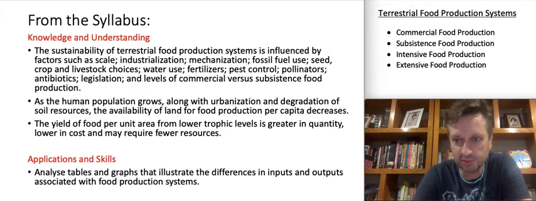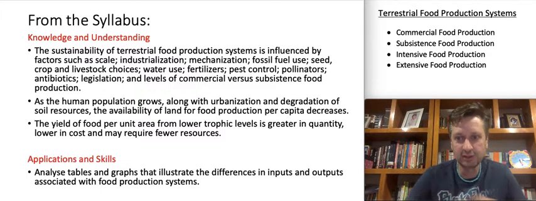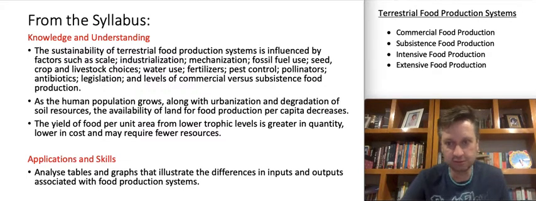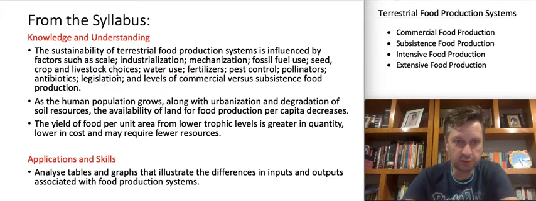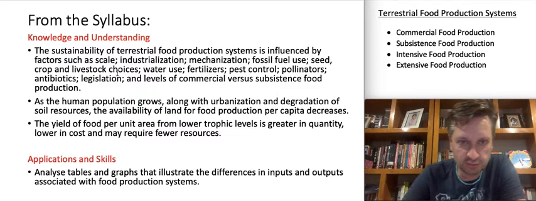Now, as I said, it's a bit of a hodgepodge. They've thrown a lot of ideas into this part of the syllabus, so it might take a while to get through all of these things. This first part, we have to consider sustainability, and we're asked to do it in terms of these different ideas.